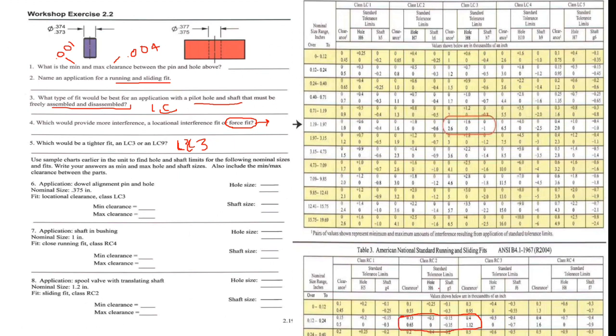We have hole H6 and shaft G5. Here we get the clearance and the size. And similarly, we could solve this one for RC2, for RC4 at number 7. Here is RC4, and this is the answer.